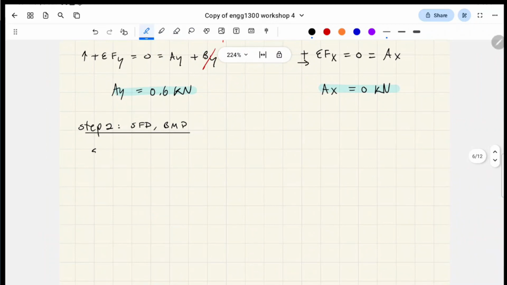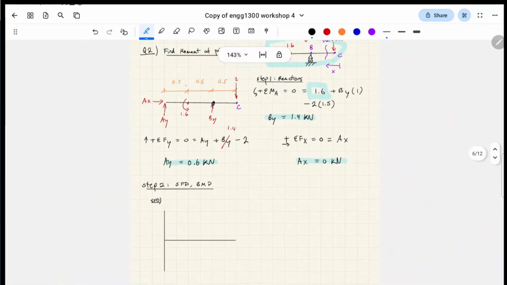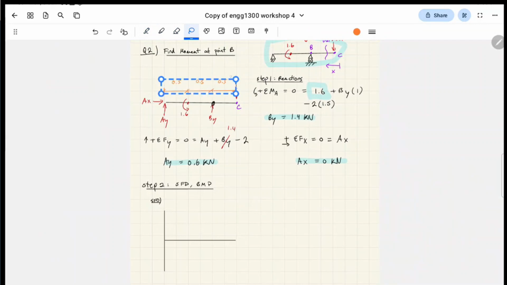First I like to start by drawing the shear force diagram like this. So you draw like a little graph, XY plane kind of situation. And I usually like to line it up with my free body diagram drawing, so I don't have to write out the lengths again. Actually, in this case, for demonstration purposes, I will duplicate the lengths over.